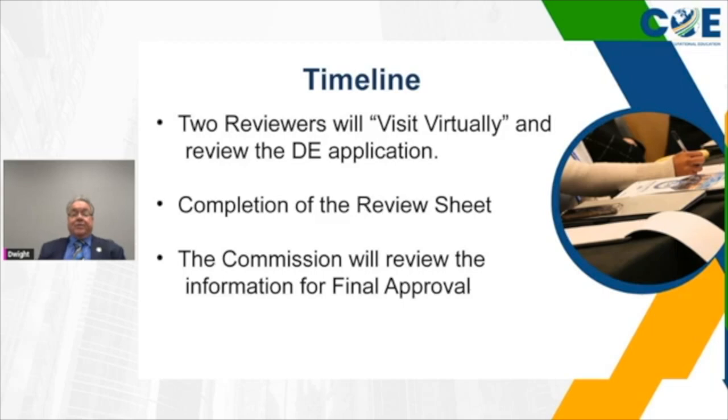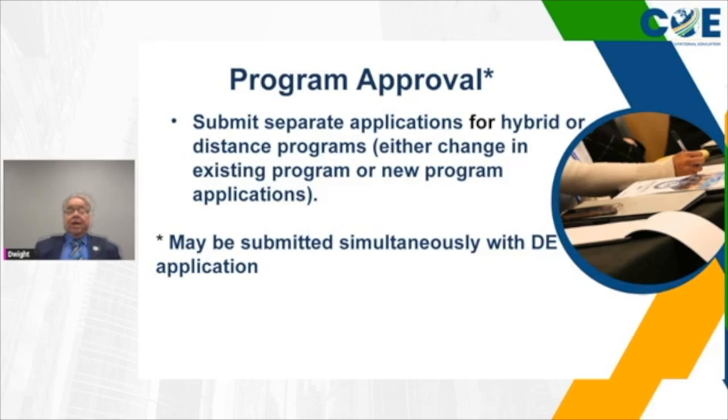The timeline, after your application is in and the commission approves it, 2 reviewers will virtually visit and review the application. They will complete the review sheet, and then the commission will grant final approval for your distance ed institutional process. Now, your programs, you're going to need to make sure you have programs for these new distance ed applications.